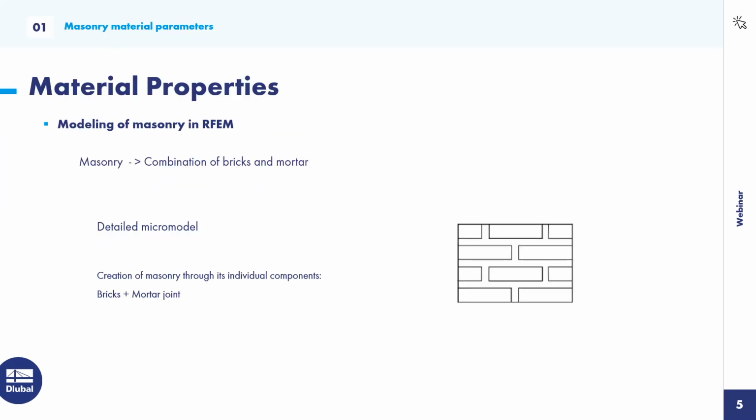The material masonry is a quite difficult material because it's not only one material, it's a mix between bricks and mortar. It's a combination of two different materials.